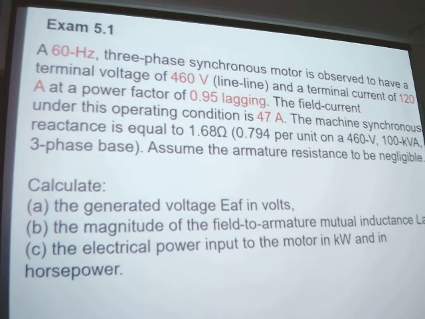For this chapter, we only need to learn 5.1 and 5.2. Only two examples, and the others we do not need to learn. Only 5.1 and 5.2, these two examples for this chapter.